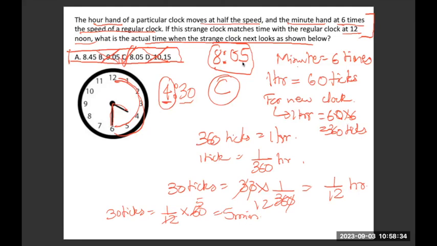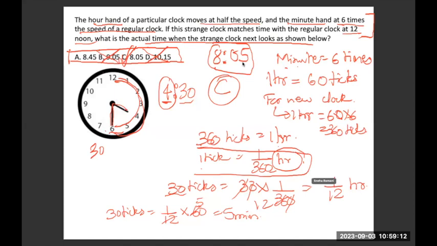I am saying okay, 8:45 is possible, 8:05 is also possible, but if I am simply going by the logic of this 6 times part, that the minute hand is moving 6 times, then in 1 hour it will complete 360 ticks. If it completes 360 ticks in 1 hour, then how many hours will one tick take? Similarly, because it is at 6 there are 30 ticks involved, because 12 to 6 involves 30 ticks and 6 to 12 again involves 30. So 30 ticks, how many hours will it be based on this relationship?